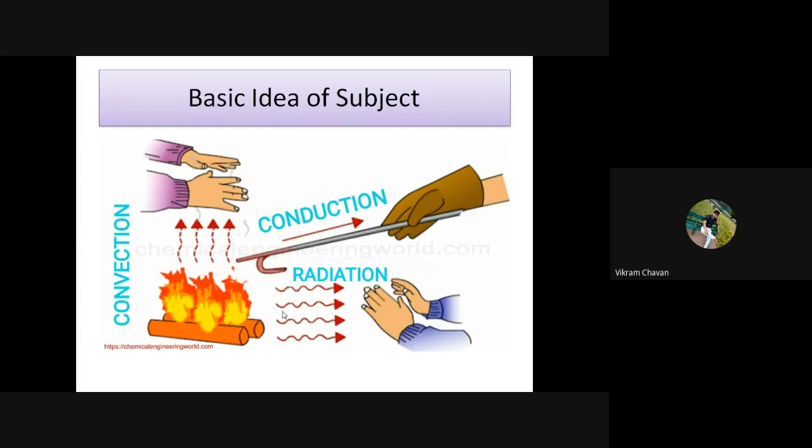Why? Another example: the sun is very far from our mother earth, yet we get energy from the sun. There is no medium between the sun and the earth, yet we are getting heat from the sun's rays.